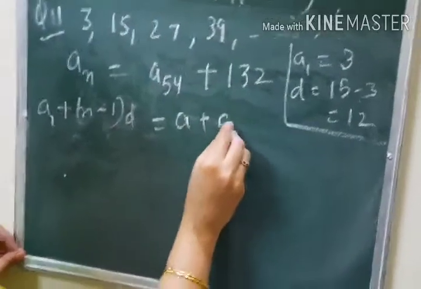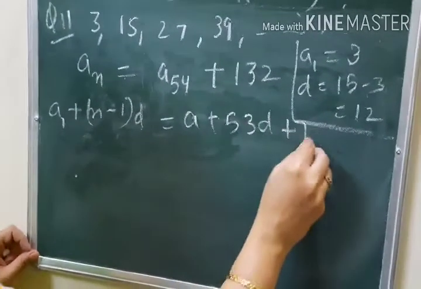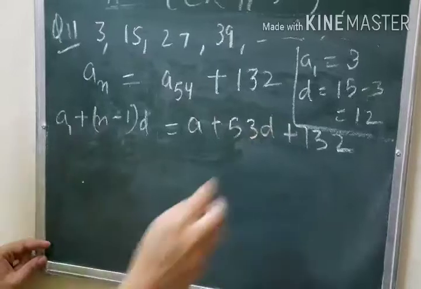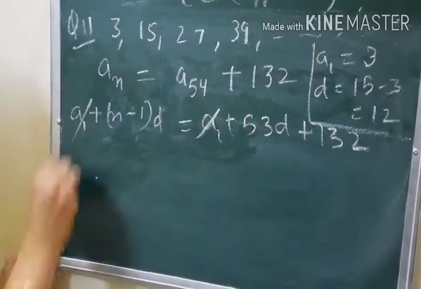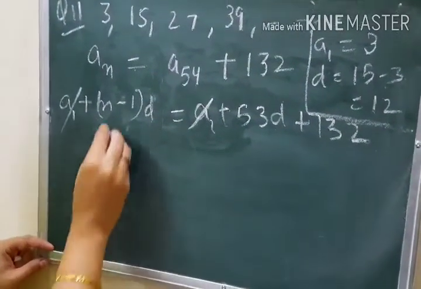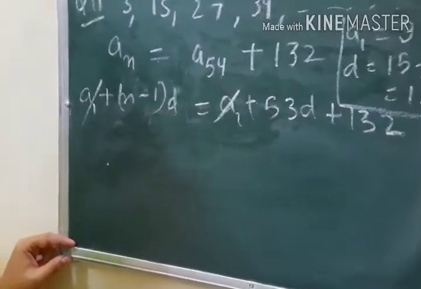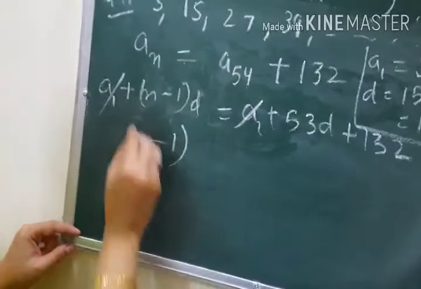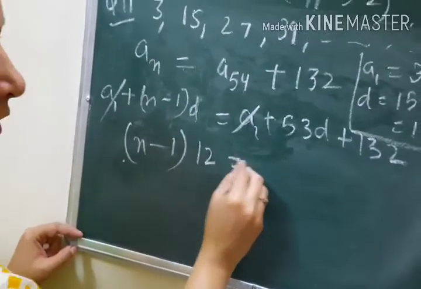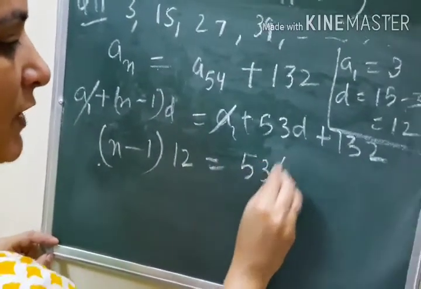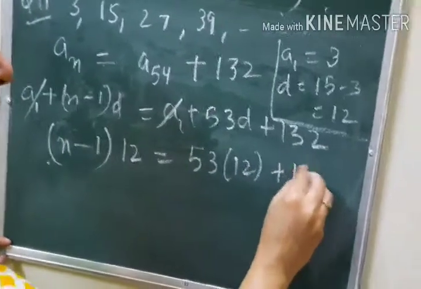A plus 53D plus 132. So I have put the formula. Now A1 and A1 both will cancel from this side. Now N minus 1 into D equals 53D plus 132. Put the value of D. D is 12, so it is equal to 53 into 12 plus 132.